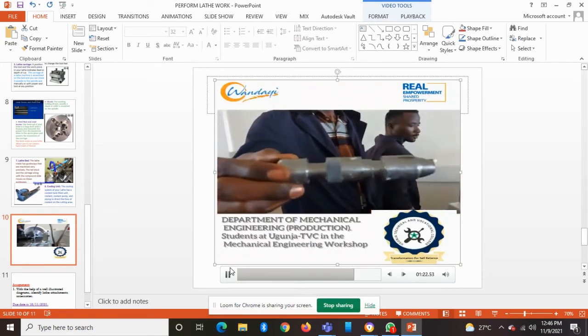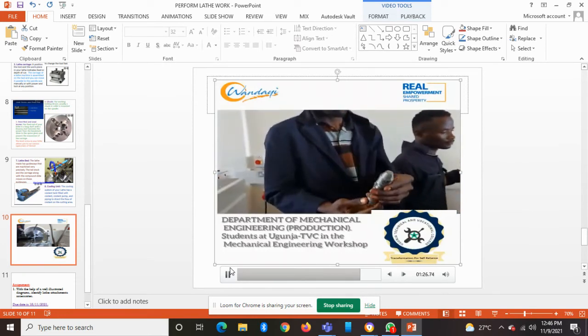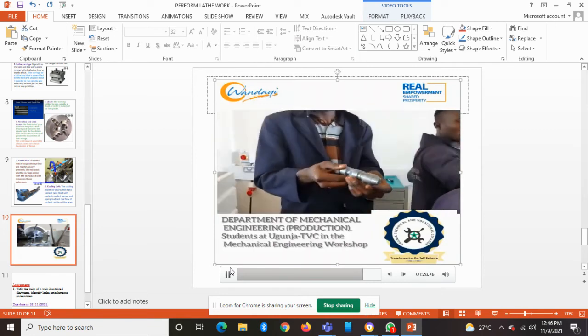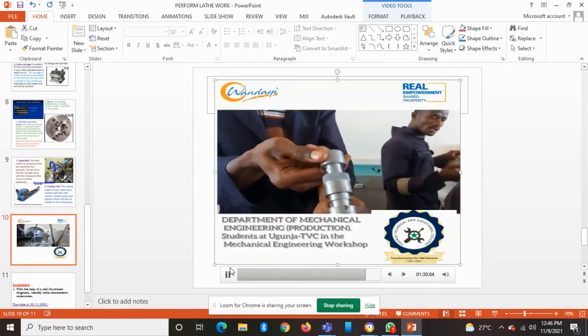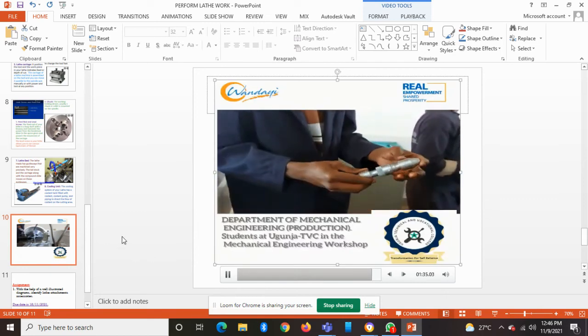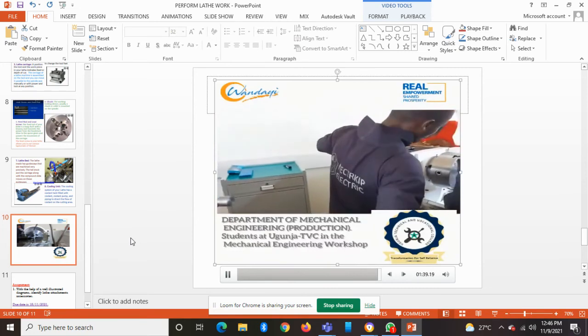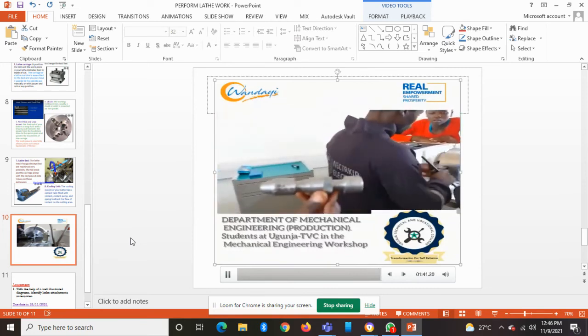Finally, that's the final product of the workpiece. The project was done well by our students. They did the work as required by their trainer. That was a good job done by my students.